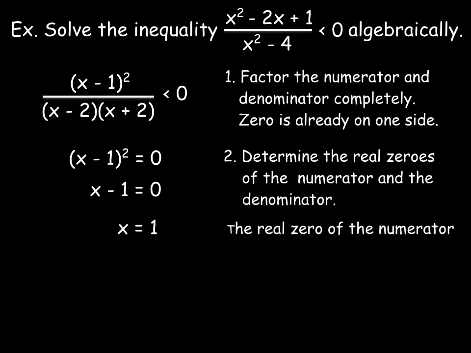Setting the denominator equal to 0 and solving, applying the zero factor property, setting each factor equal to 0 and solving individually, we find that x is equal to 2 and x is equal to -2, the real zeros of the denominator.